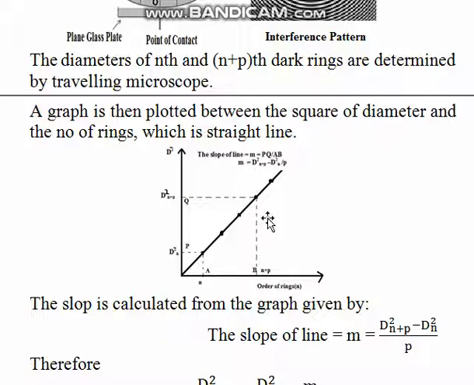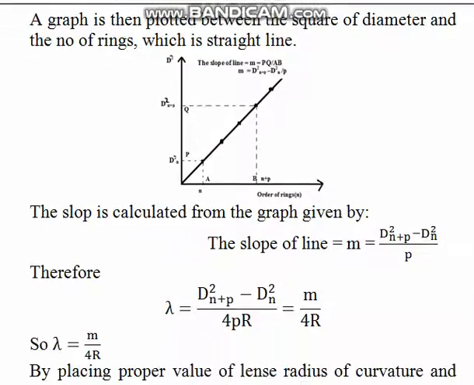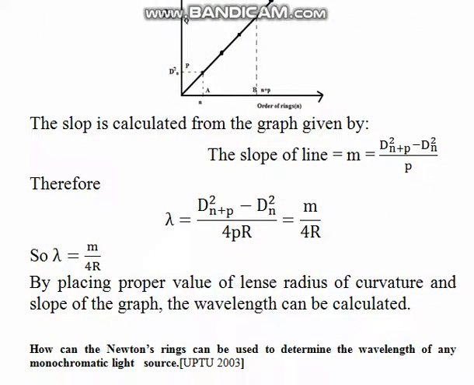We take the slope of this line. The slope is given by (Dn+p squared minus Dn squared) divided by p. So the slope value is put into the working formula, and by placing the proper values of the radius of curvature and the slope of the graph, the wavelength can be calculated.